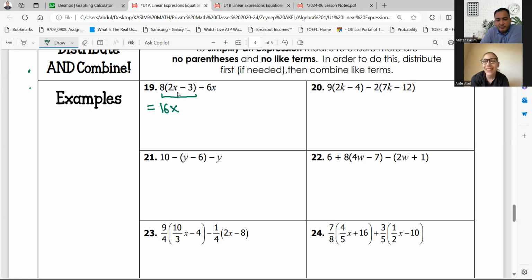Oh yes, 8 times 2 is 16, minus 8 times 3, 24. 24, and minus 6x equals, what is 16x minus 6x? 10x minus 24.